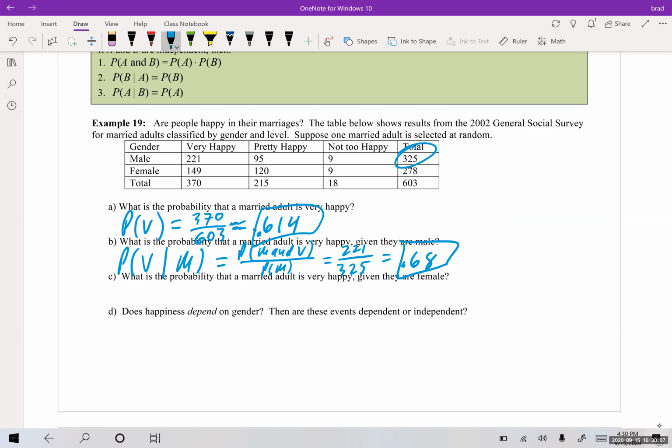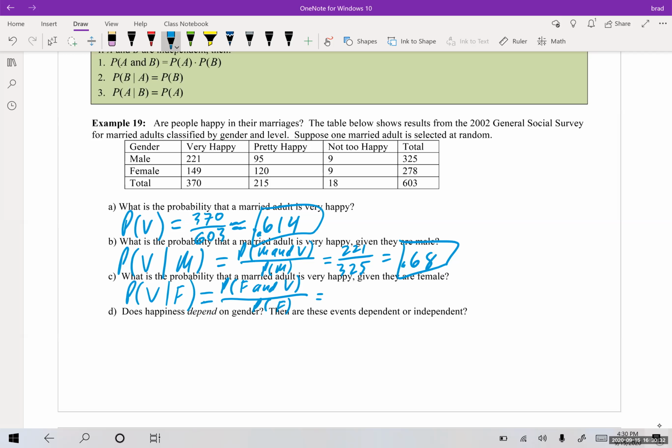What is the probability that a married adult is very happy given that they are female? So given female, very happy. That's going to be probability of female and very happy divided by probability of female. Let's do the same thing we did last time.